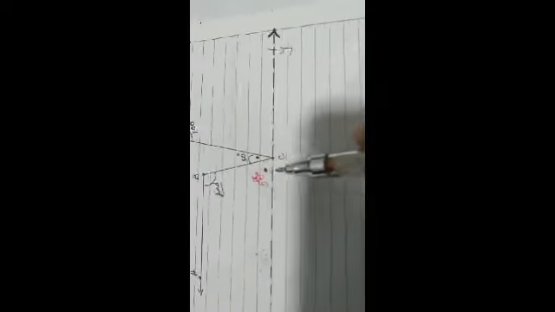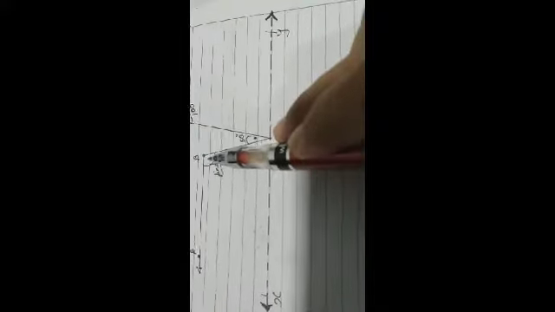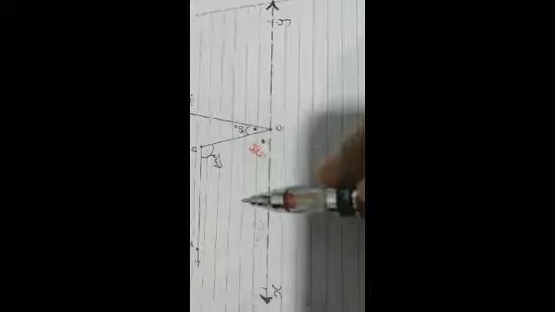That means angle XCB plus angle ABC is equal to 180 degrees. So angle ABC is equal to 180 degrees minus 50. Subtracting, you will find that angle ABC is 130 degrees. Okay? Understood?